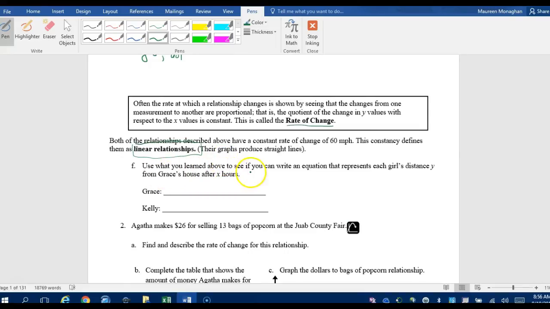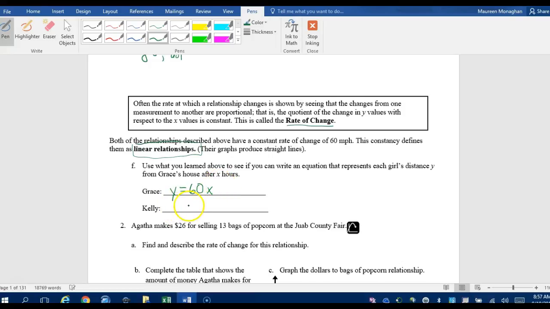Use what you have learned above to see if you can write an equation that represents each girl's distance, y, from Grace's house after x hours. Okay, so we're going to start with y equals. The rate of change was 60 for Grace, and that was after x hours.